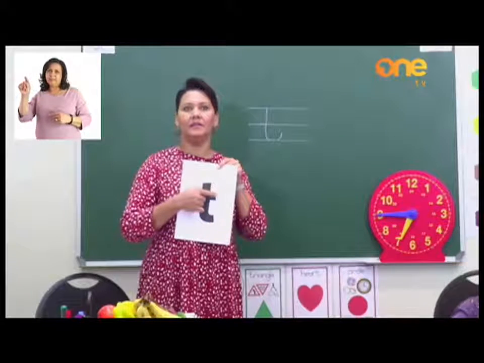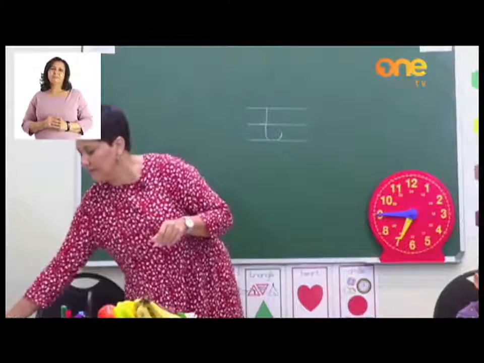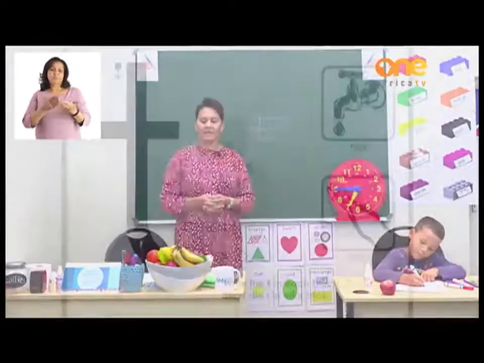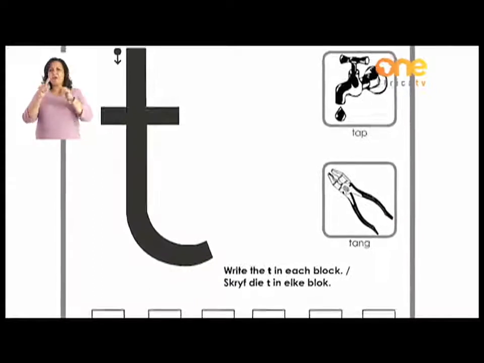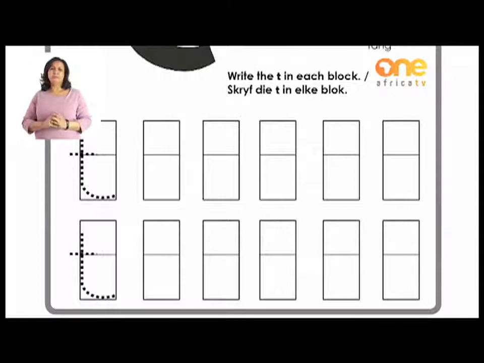And then in the middle, you draw a straight line. Now on page 21, we have some blocks for you to fill in. Remember to trace against the line and use your pencil. Keep your workbook neat.